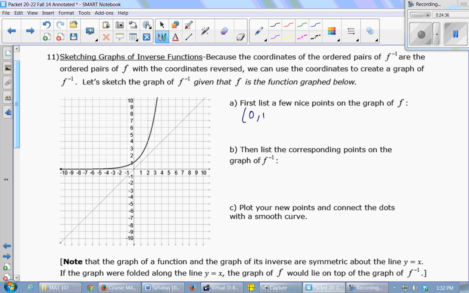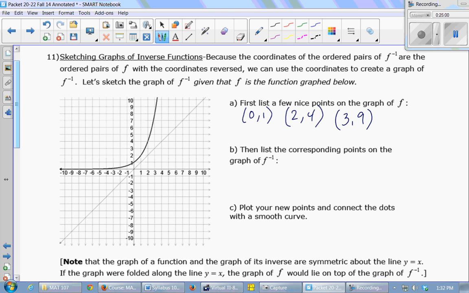0, 1. 2, 4. 3, 9. 5, 3, 9, yeah, 3, 9. That's it. That's all the nice grid points we've got.